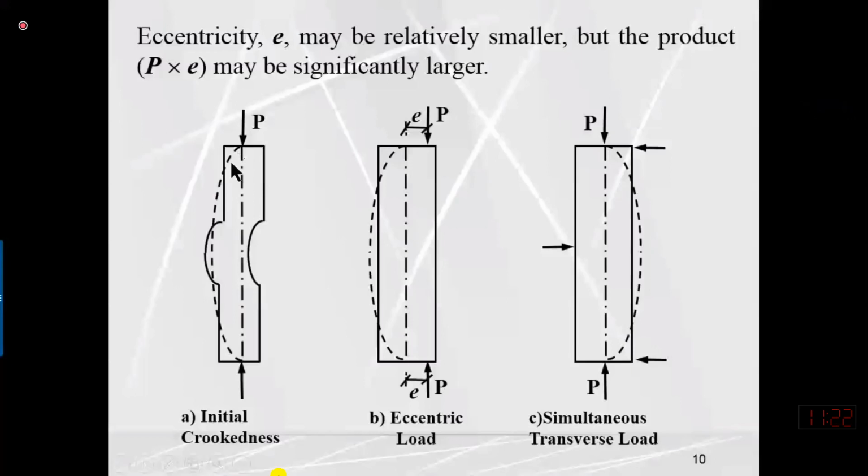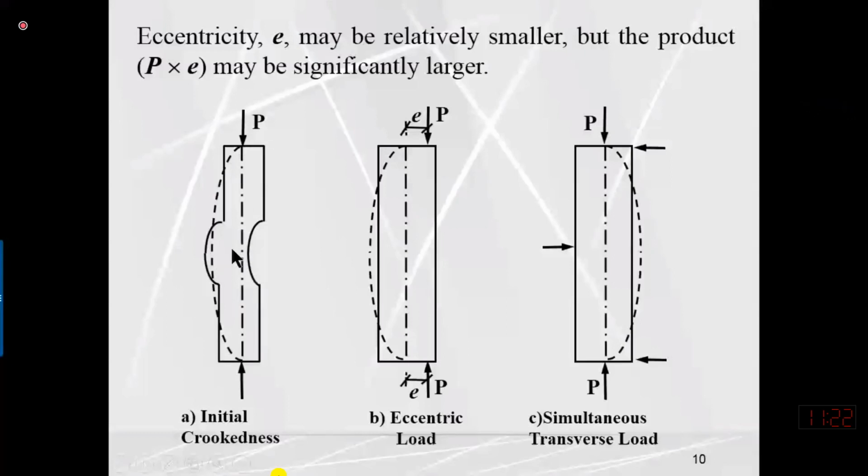If I cut this section over here, at this point we are having this eccentricity. So it means that this mid portion is subjected to bending moment also along with the axial load, and that bending moment will be equal to P multiplied by the perpendicular distance.